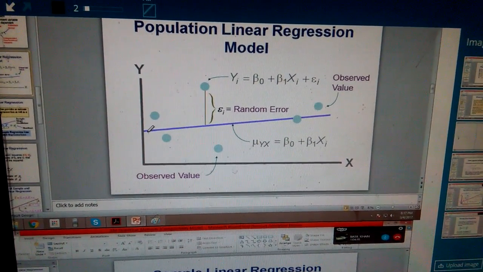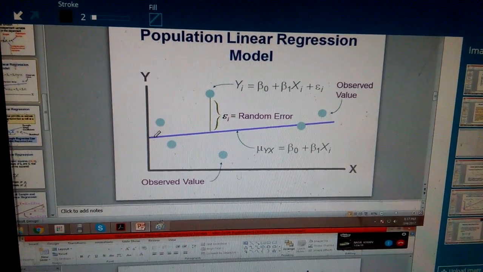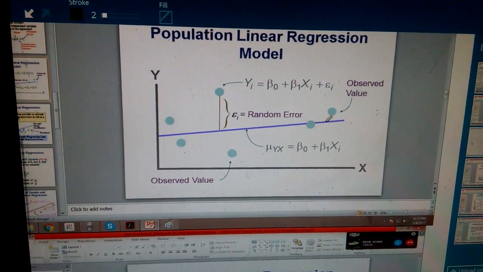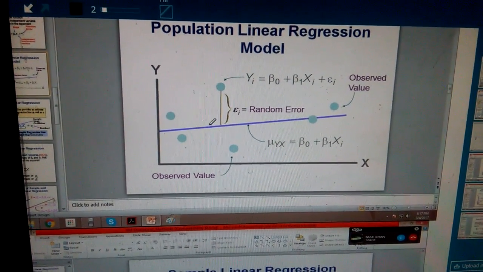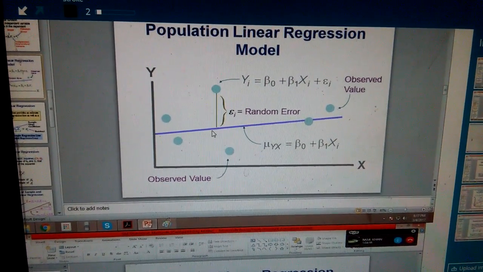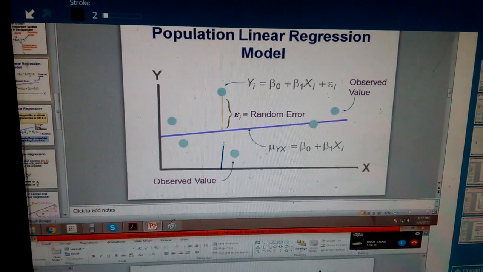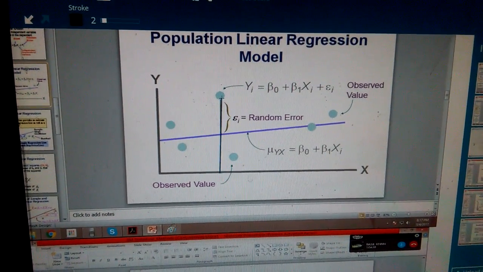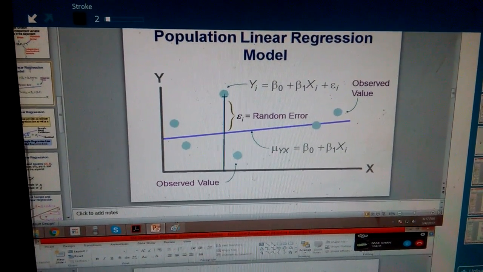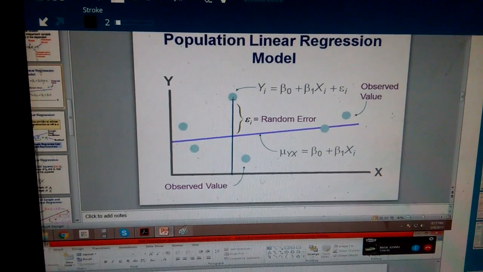All the points which lie on the line of best fit are taken as the estimated or predicted value of y with respect to the corresponding value of your x. Like, if this is a certain x value with respect to which you have this value of y, this was the observed value that you extracted from your data while compiling it or doing the survey.